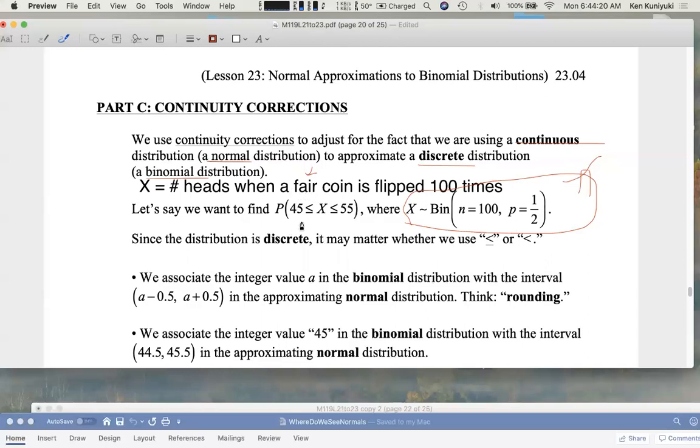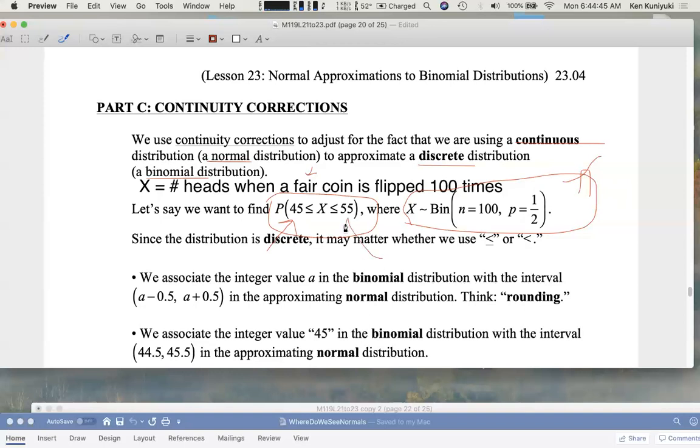Now let's say that a friend of ours is going to flip a fair coin 100 times. I win a bet with my friend if the coin comes up heads between 45 and 55 times inclusive, meaning that I win the bet if my friend gets exactly 45 heads.